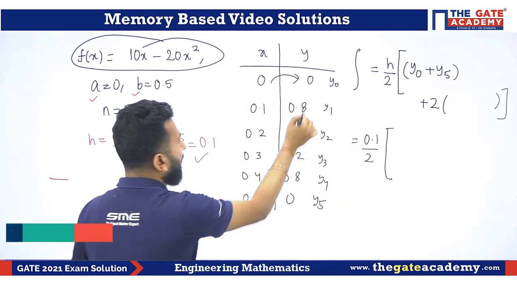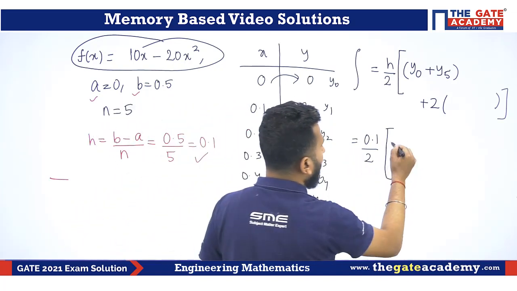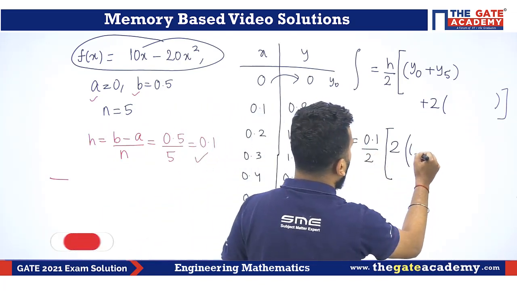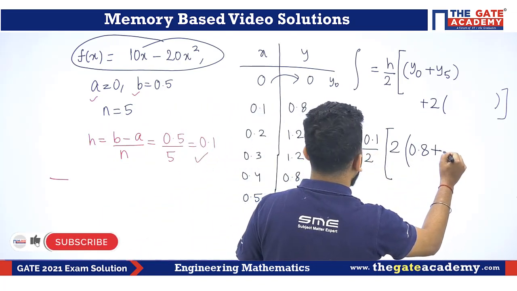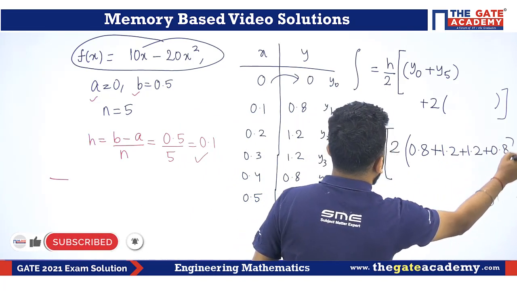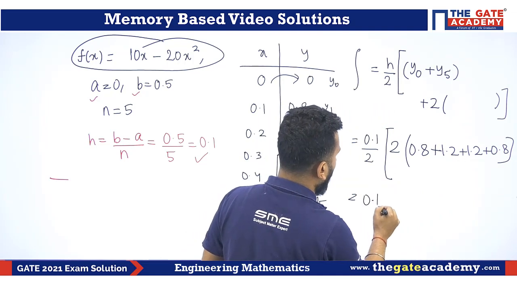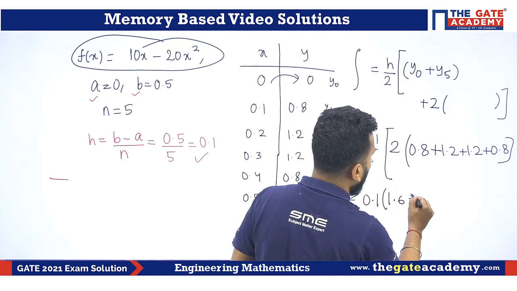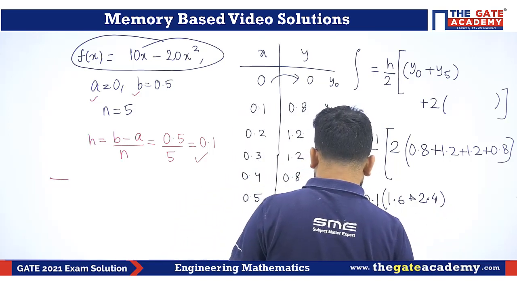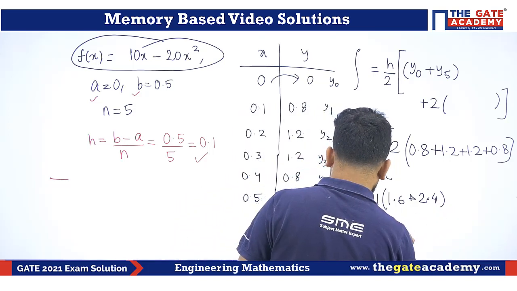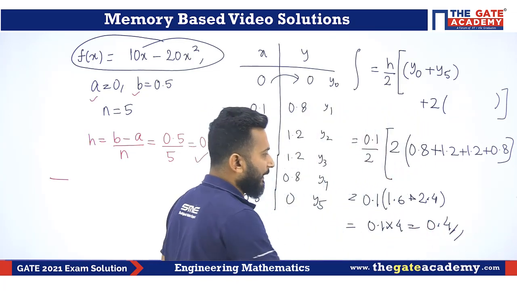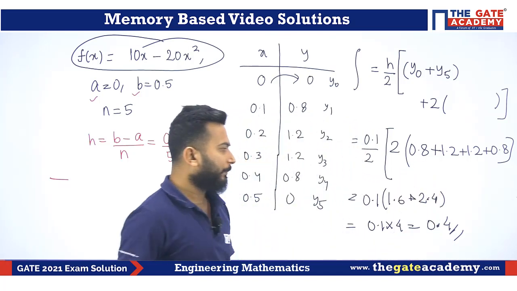Now the first and the last values are 0 and 0, so they are gone. 2 times, what are the remaining values? 0.8 plus 1.2 plus 1.2 plus 0.8. So it is 0.1 into 1.6 plus 2.4, and it is coming out to be 0.1 into 4, or 0.4 is the final answer.